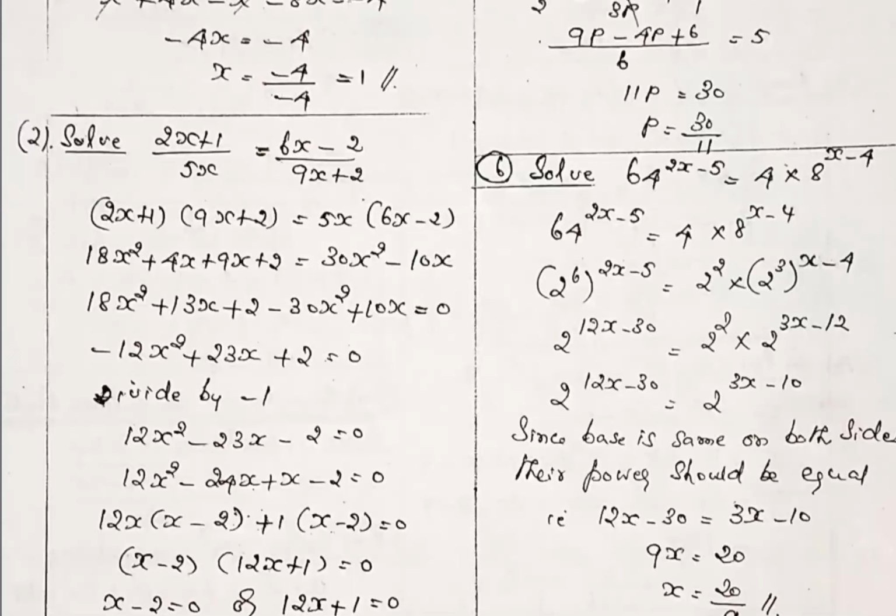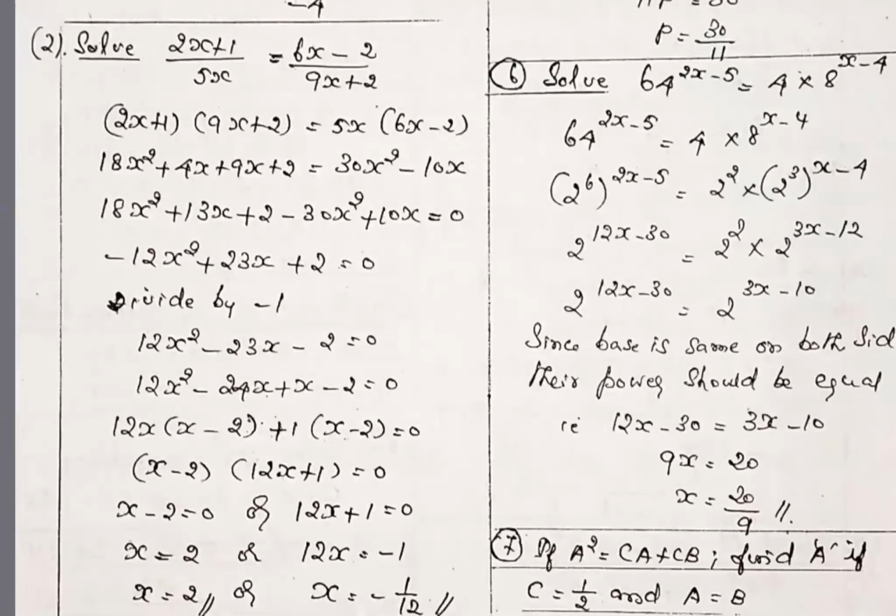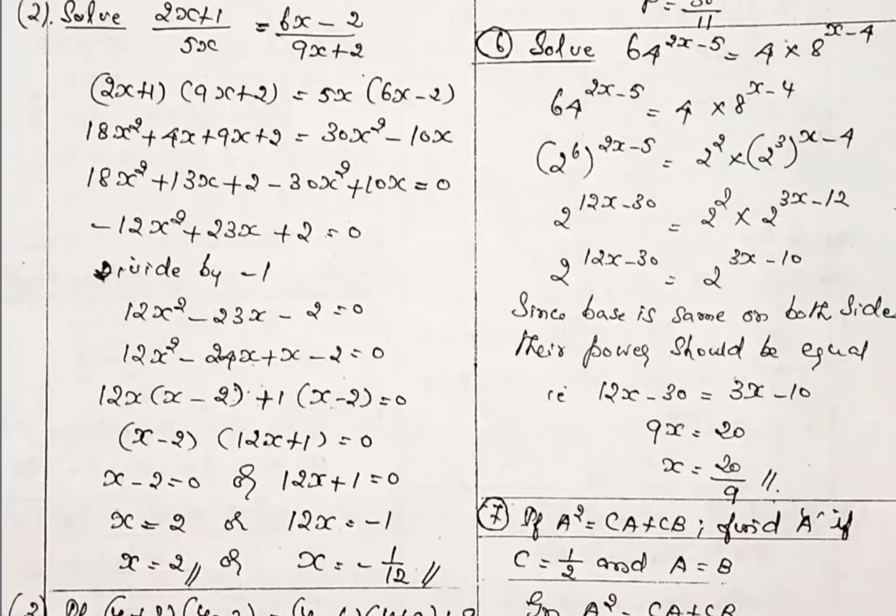If cancellation is possible, cancel it, simplify it. Finally, you will get one equation: 12x square minus 24x plus x minus 2 equal to 0, that is 12x square minus 23x minus 2 is equal to 0. One equation we got. Now how to factorize? We studied the third type. Factorize it.